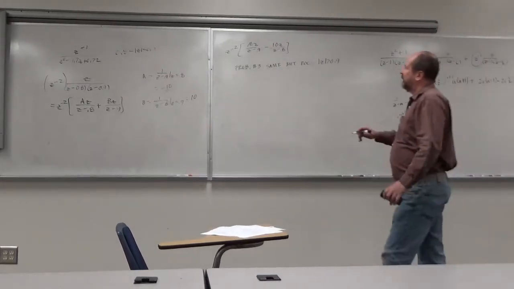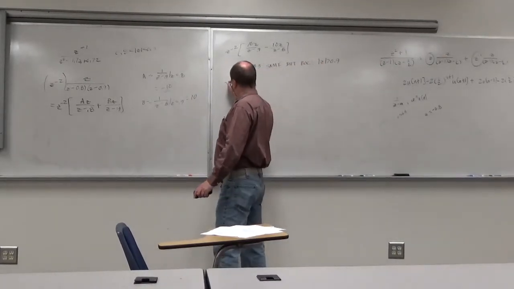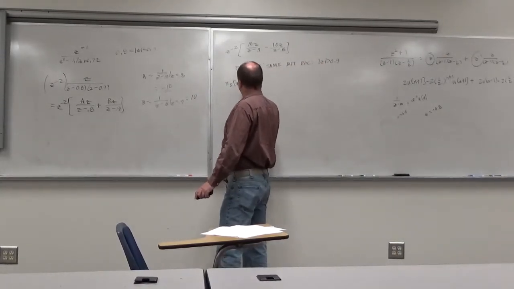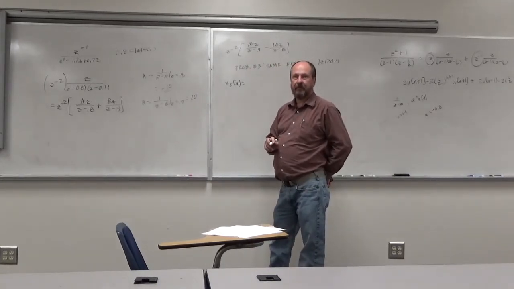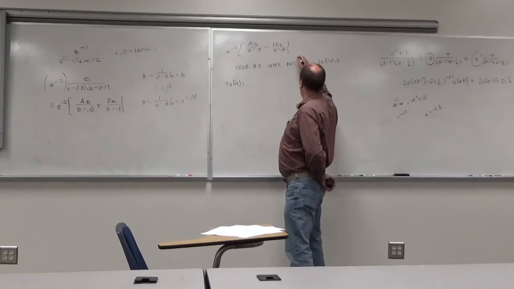What do you get there? You get an x3 of n. 10z over z minus 0.9, what is it? And it's converging outside the poles.